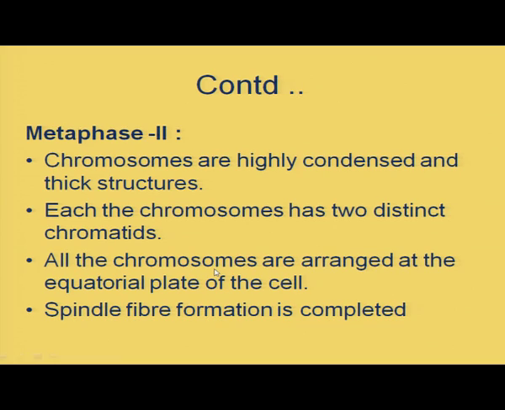All these chromosomes, all these univalents, are arranged exactly at the equatorial plate, that means at the center of the cell. Spindle fiber formation is completed. So, these are the different stages that you can see during the metaphase, just similar to the metaphase of mitosis.